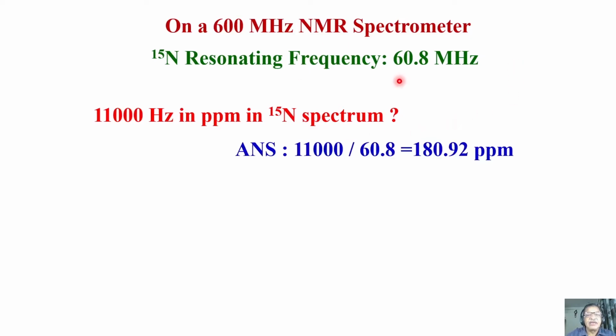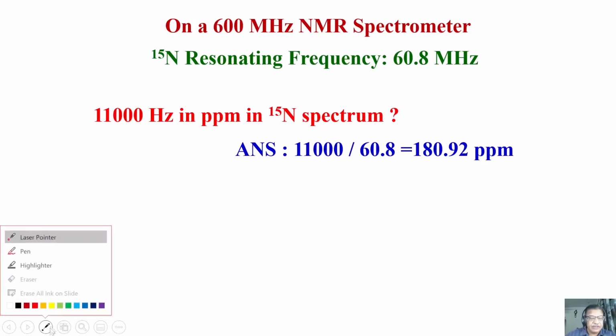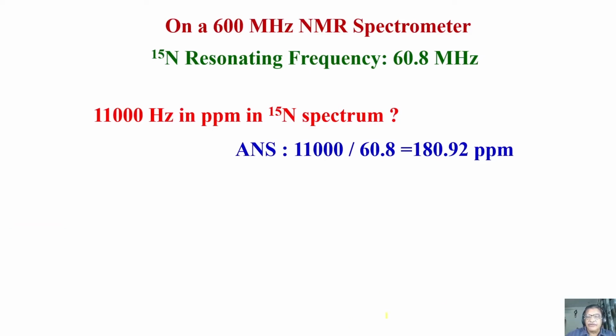The answer is, you have to divide the frequency in hertz by the resonating frequency. So 11,000 divided by 60.8 turns out to be 180.92 ppm.